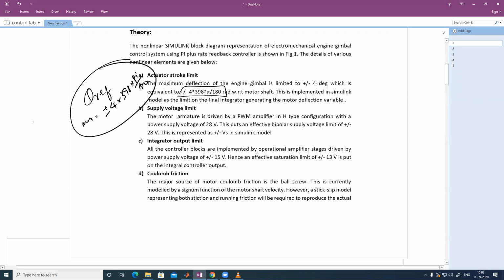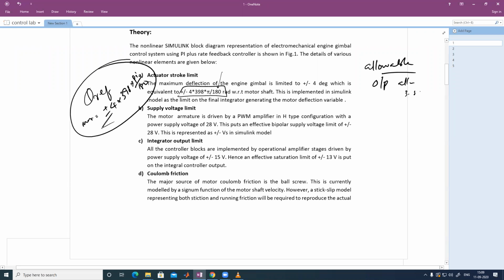Because it is the maximum value allowed, plus or minus 4 degree, corresponding to this value. And the maximum output shaft deflection should be this one only. That is the maximum quantity, but you will not operate it at maximum because you will give some allowance.